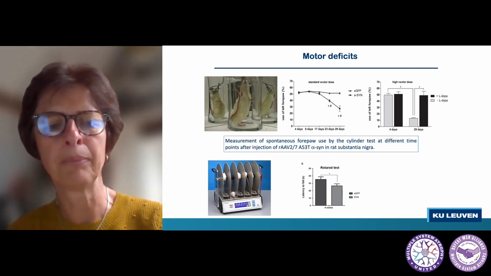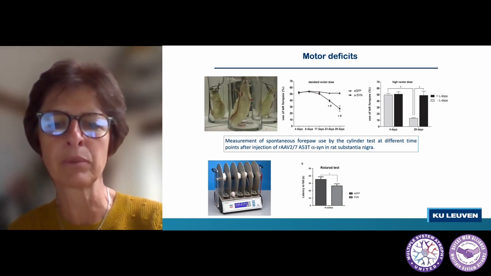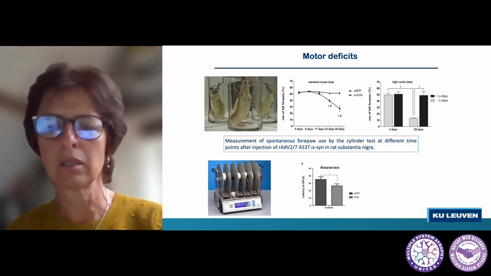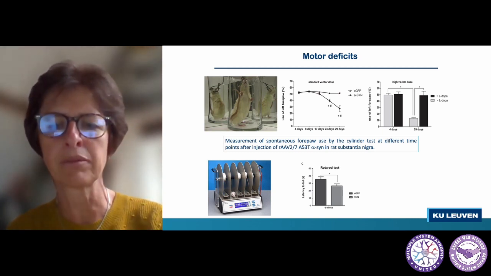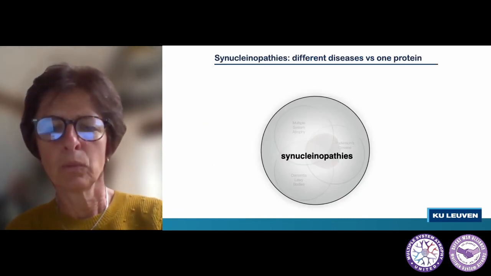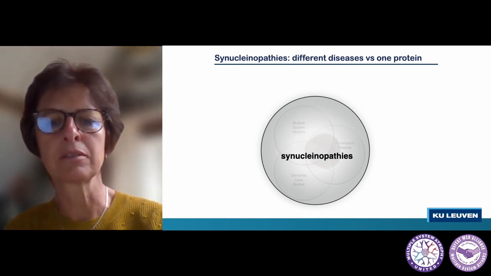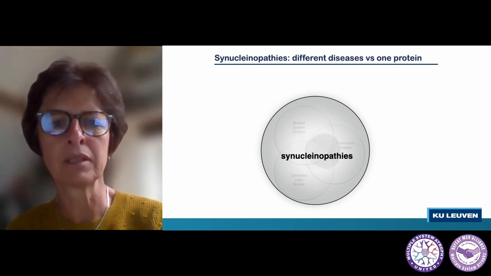If they are impaired in motor behavior, they will fall off and they will not be able to stay on the rotarod. So this is also something that you can use to monitor the motor behavior of the animals. So again, we want to use these animal models to try to understand a bit better how alpha-synuclein is involved in the different diseases.